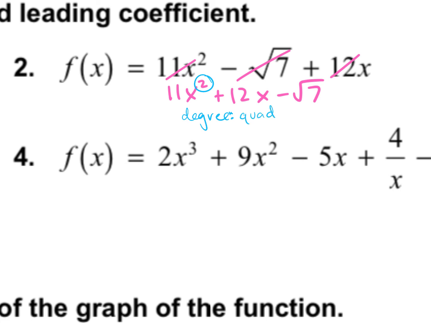Quadratic. How many terms do I have? What do I call something with 3 terms? Trinomial. And then what is my leading coefficient? 11. It's the number in front of the highest degree term. So my leading coefficient is 11.